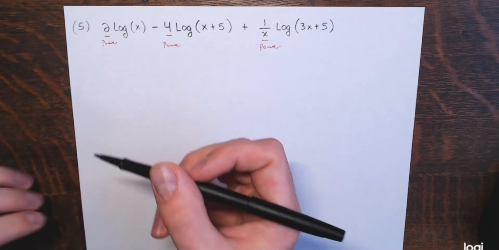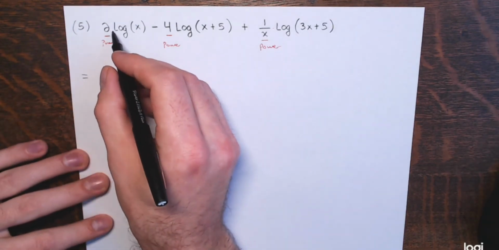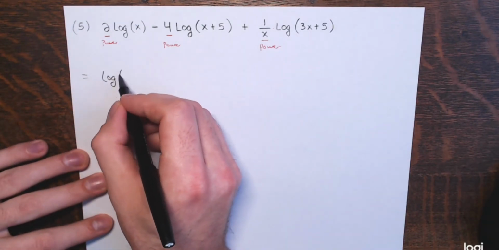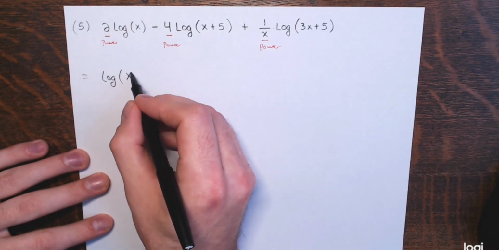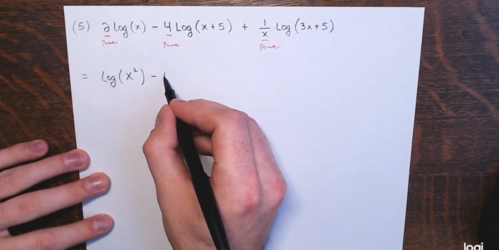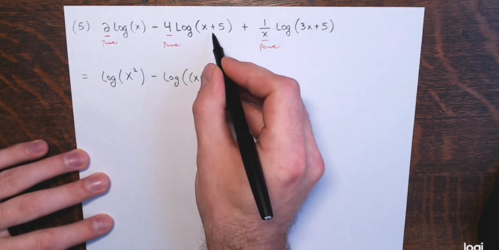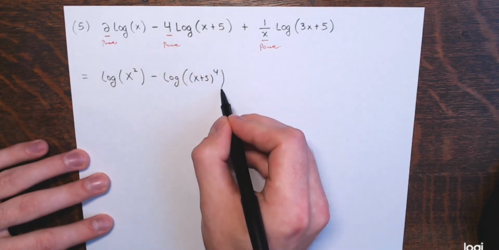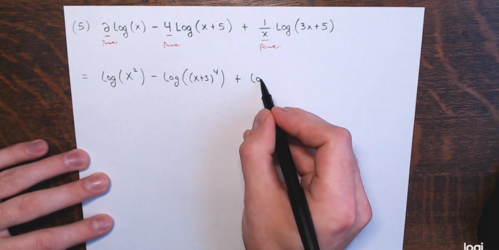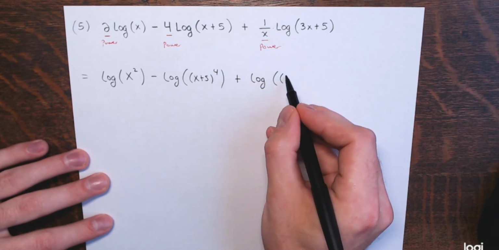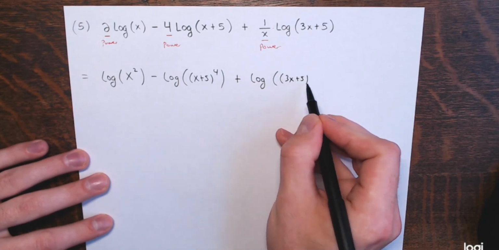So after applying the power rule, this becomes the log of x to the second power minus the log of the quantity x plus 5 to the fourth power, and then plus the log of the quantity 3x plus 5 to the 1 over x power.